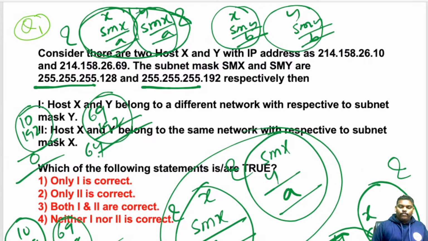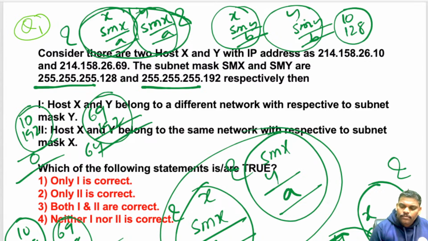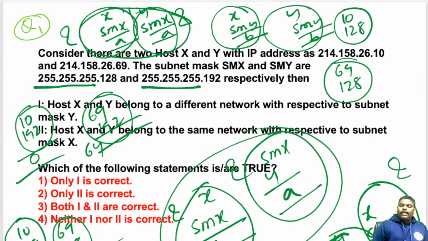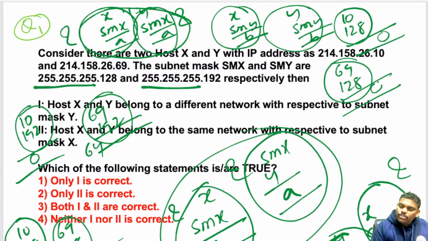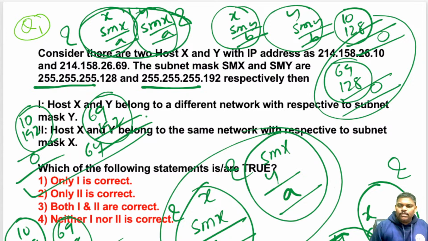No. Next, with respect to Y, check. 10 with 128, 69 with 128, check. 10 AND 128 gives 0, 69 AND 128 gives 0. With respect to SMY, they are both on the same network. I think only 2. I think the answer is 2.